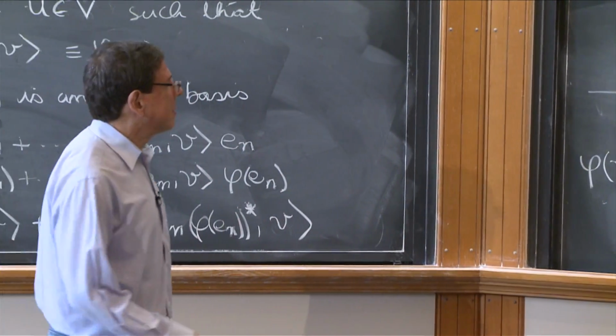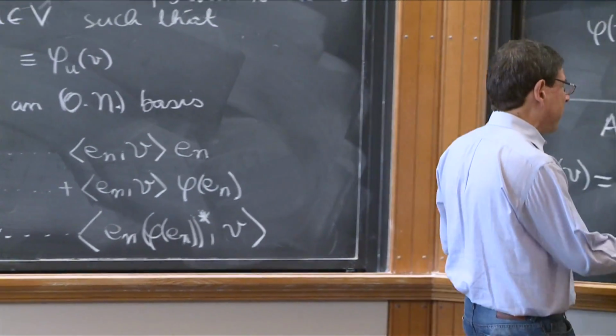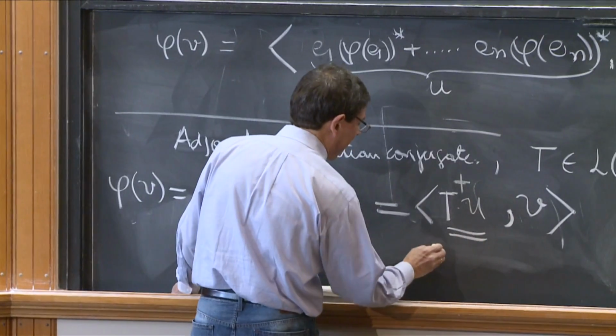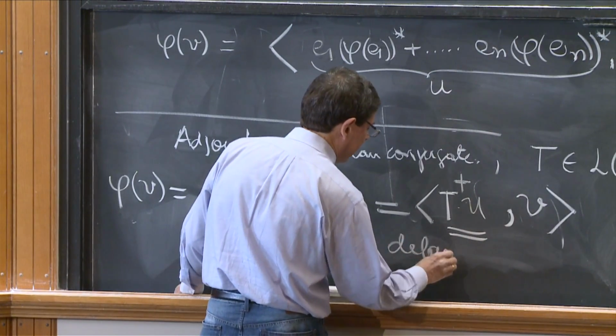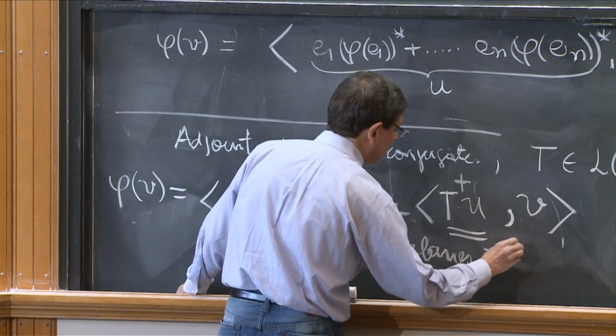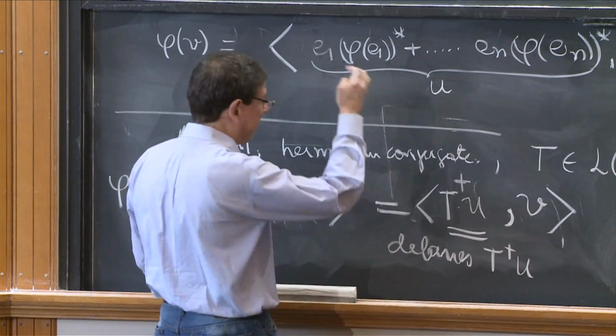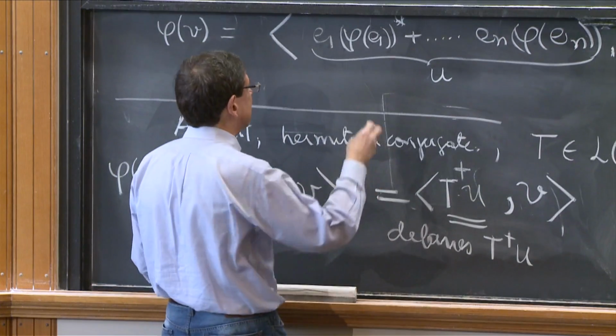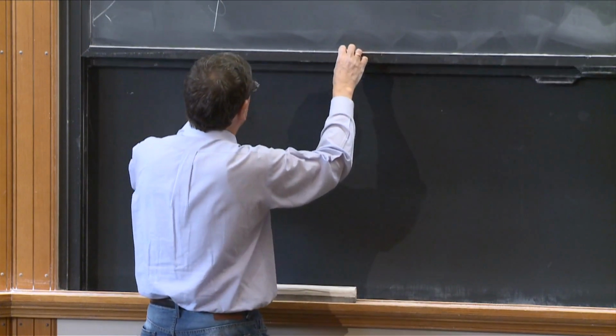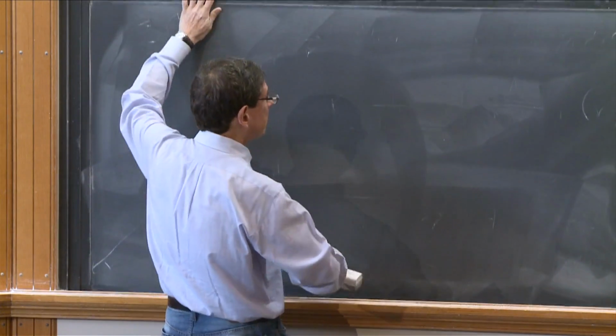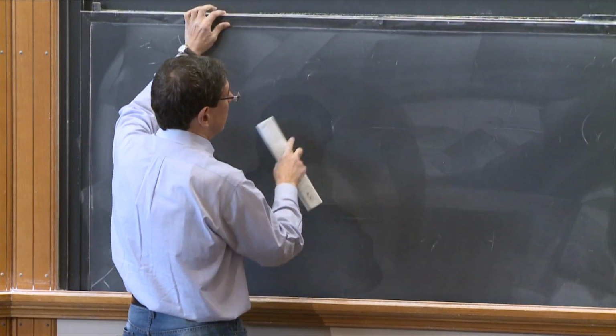So at this moment it's just a map, and it's a definition. This defines what T dagger U is, because that vector could be calculated exactly the same way we calculated the other ones.